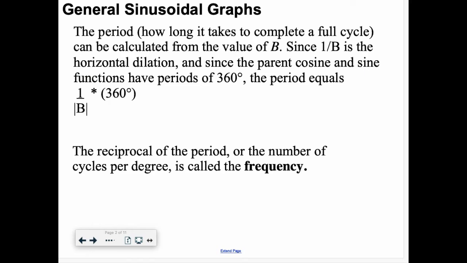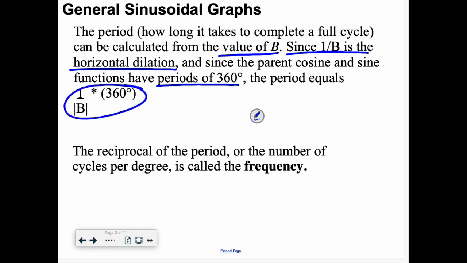Now, the period of a function, how long it takes to complete a full cycle, can be calculated from the value of B. Now, since 1 over B is the horizontal dilation, like we discussed on the previous page, and since sine and cosine, the parent functions, have periods of 360, the period is found by this.